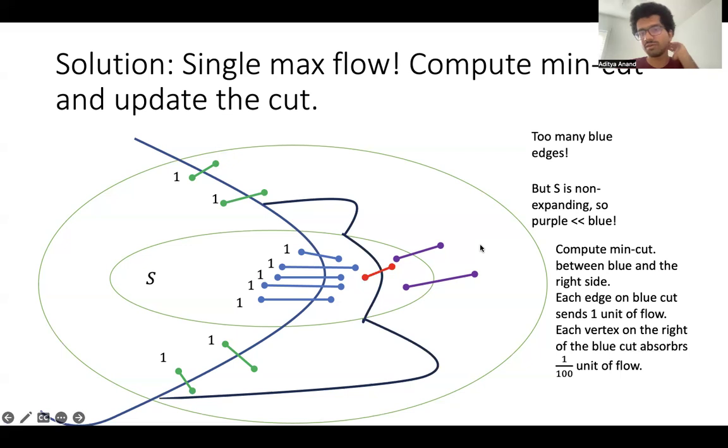Honestly, the exact flow problem should be something like each edge sends 1 unit of flow and each vertex absorbs 1 over 100 unit of flow, something like this. But the main idea is simply that since there are too many blue but very few purple, we can carry out this update so that the new cut doesn't have too many edges.